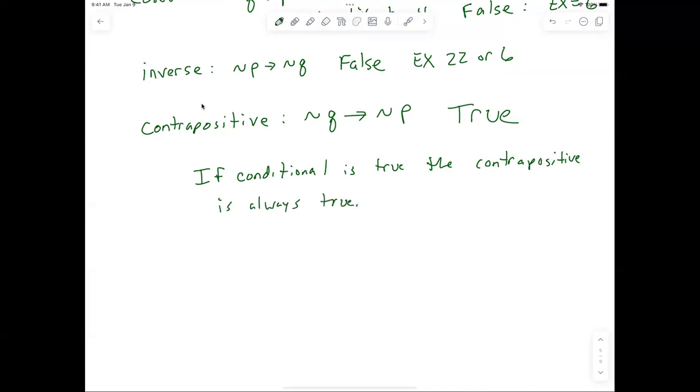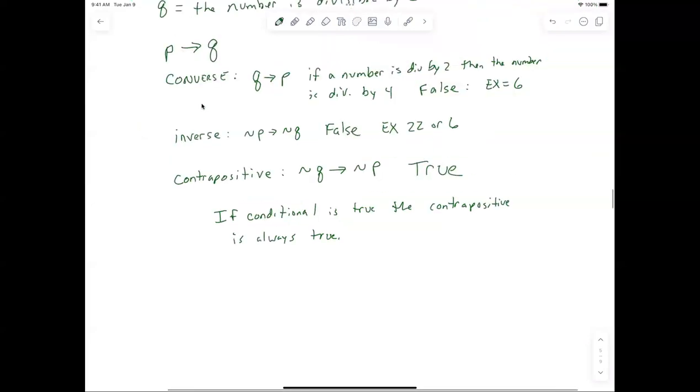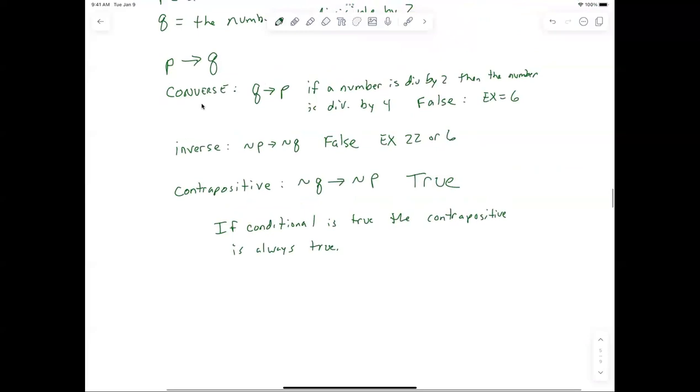You with me on this, guys? If the conditional is true, the contrapositive is always true. Does the converse have to be true? Does the inverse have to be true? No, but if the conditional is true, the contrapositive is always true.